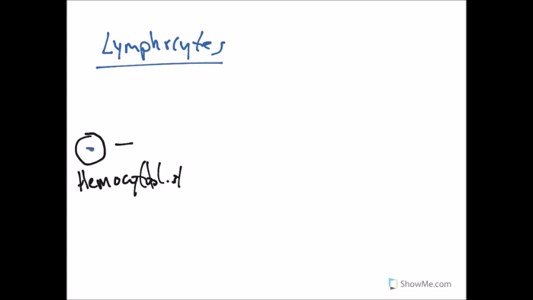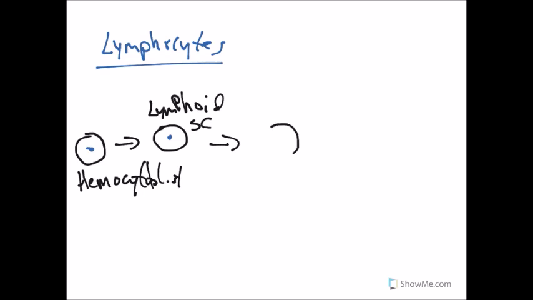Instead of becoming a myeloid stem cell, it divides and becomes the lymphoid stem cell. It becomes two of the different distinctive cells in that lineage. Once we go into that, there is a cell called a lymphoblast.